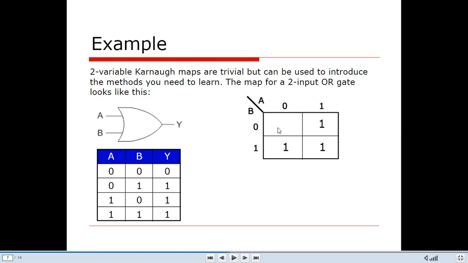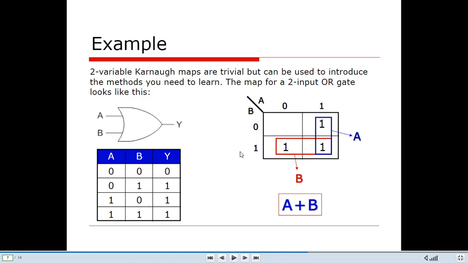In this way, we can put the output values in the K-map, and further that can be minimized by forming groups. This is the formation of the group, and we get the equation by grouping as A plus B. So the OR gate output is Y equals A plus B.